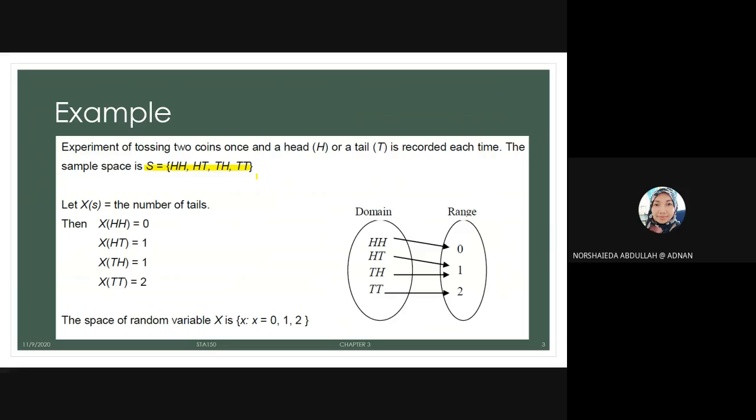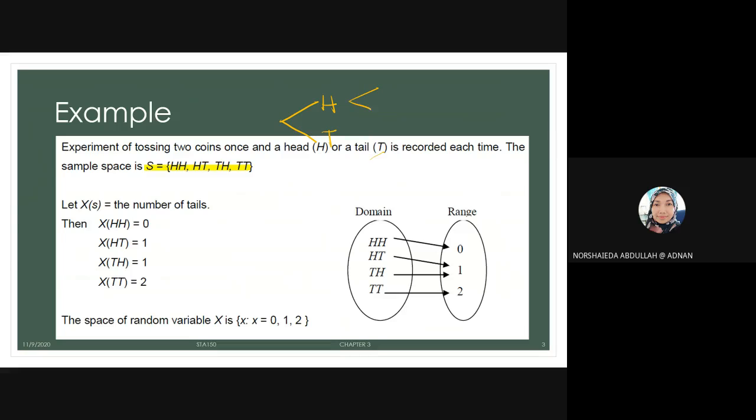So let's say, okay, so how to get the possible outcome? Ini saya nak describe the experiment using the tree diagram. For the first coin, we can get the outcome either head or tail.